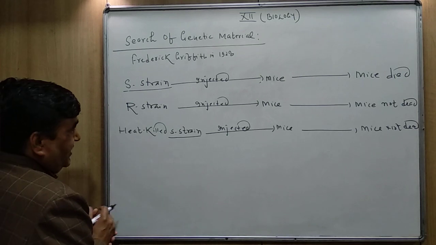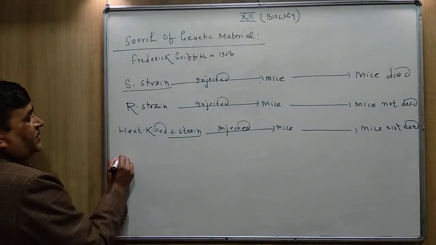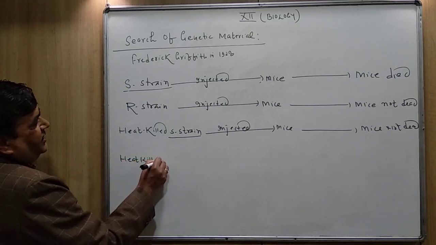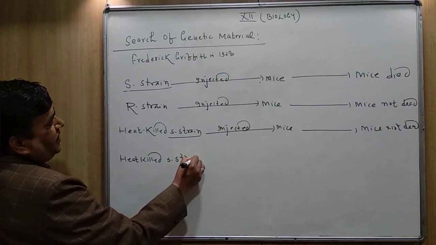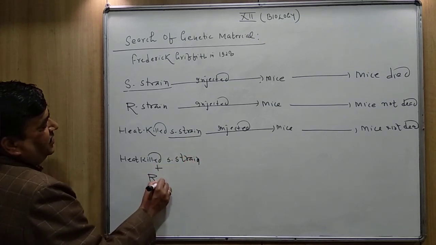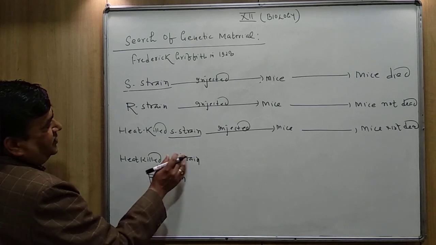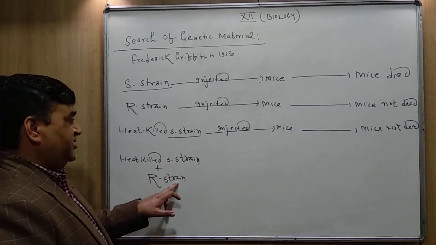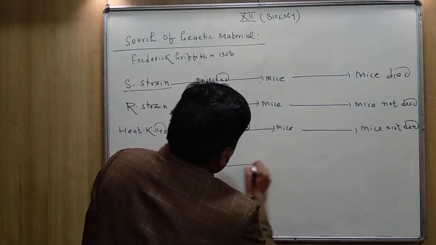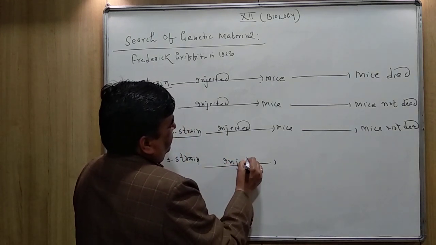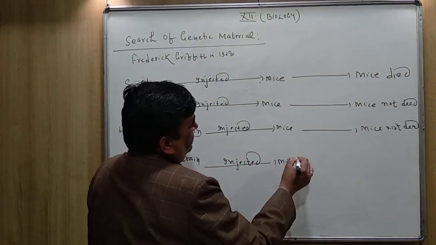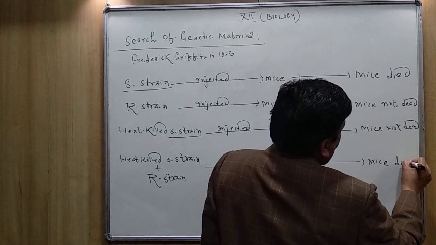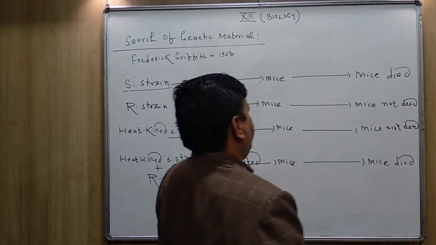Now, in the next step, you can see here, heat-killed S strain plus R strain. He combined these two strains, heat-killed S strain and R strain both, and then he injected them into the mice, and the mice died because of the pneumonia.